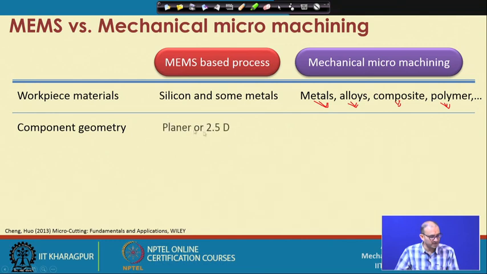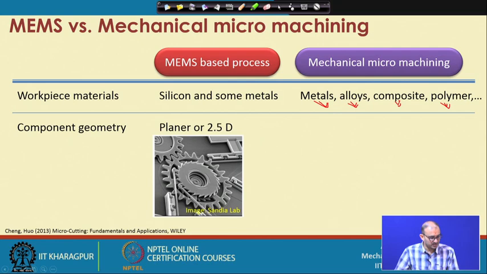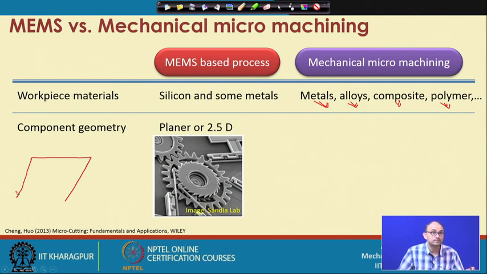Component geometry. In MEMS it is mostly planar surfaces or 2.5D surfaces. This is one of the components fabricated by the MEMS product using etching, deposition and different lithographic processes. What do planar surfaces mean? Suppose you have one plate with some thickness.